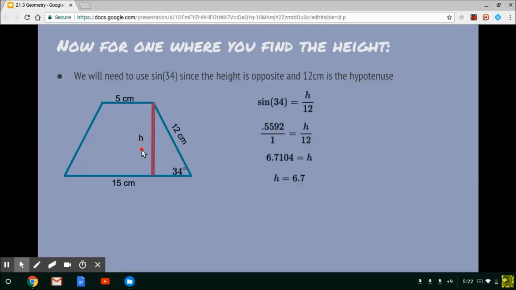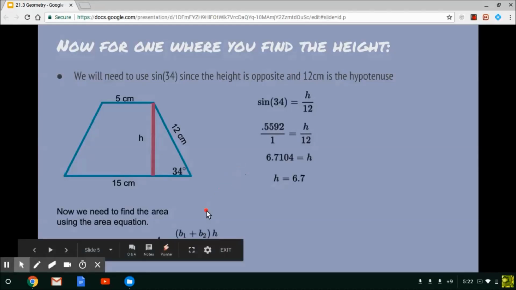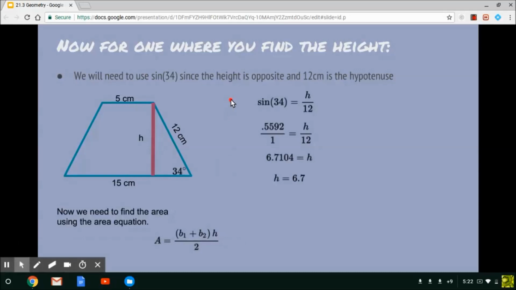Okay, so now we have the height, and we can use the height to help us find the area of the trapezoid. So remember, even if you just find the height, we're not quite done yet. We still have to find the area using the area equation. So here's our little reminder of what the area equation is. Base 1 plus base 2 times the height, all divided by 2.